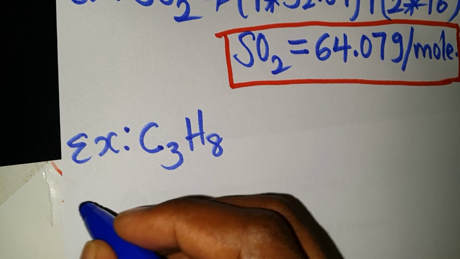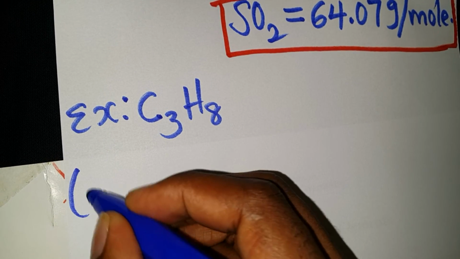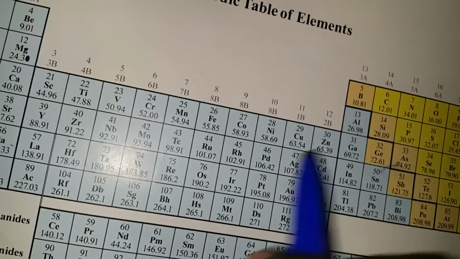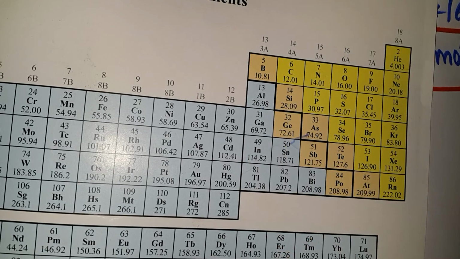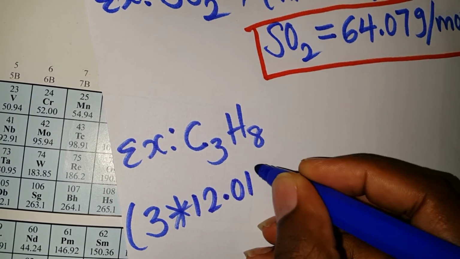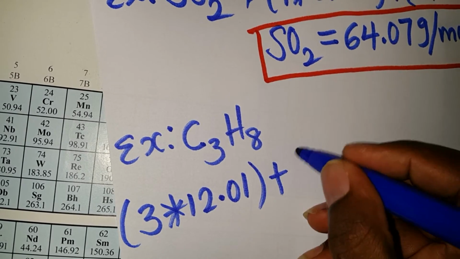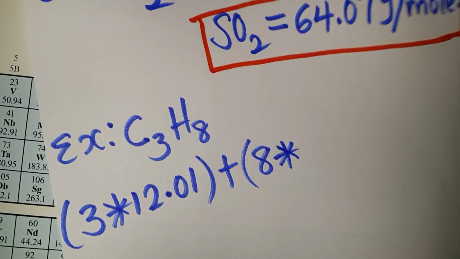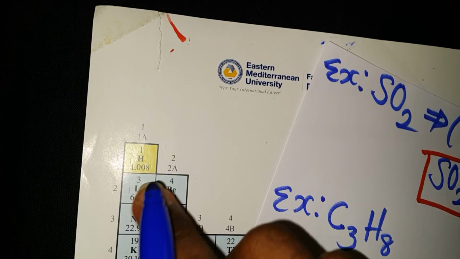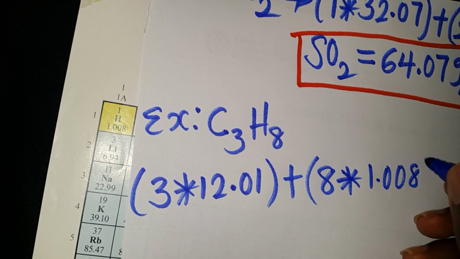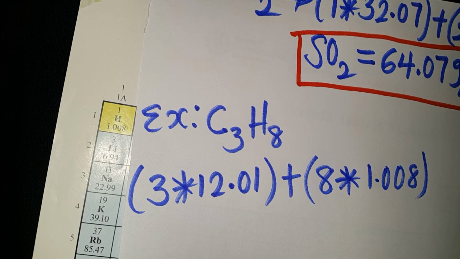We have 3 multiplied by, let's look for carbon. The carbon should be here, 12.01, plus hydrogen. We have 8 multiplied by, hydrogen is 1.008. So let's bring out our calculator again.